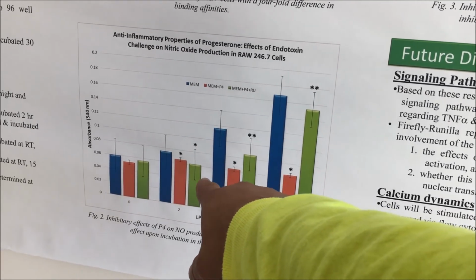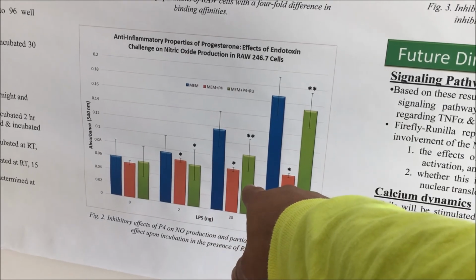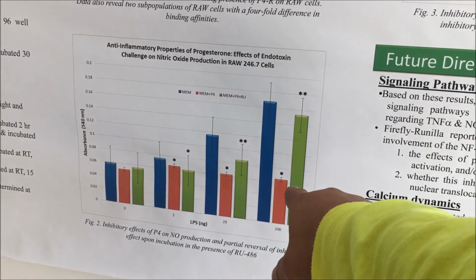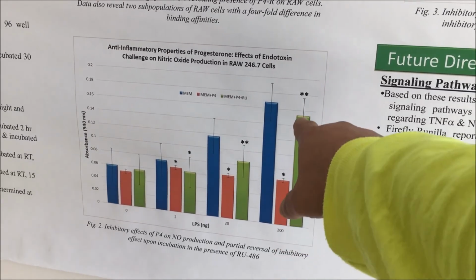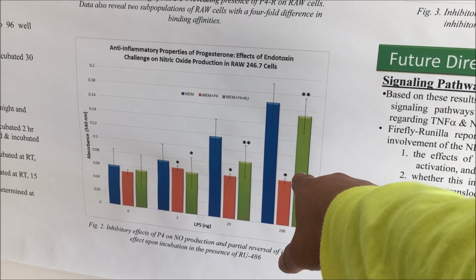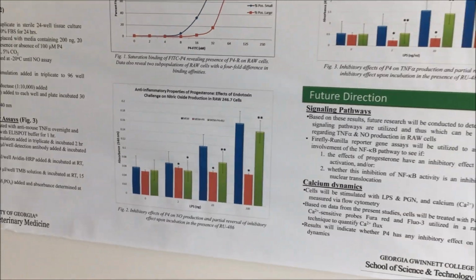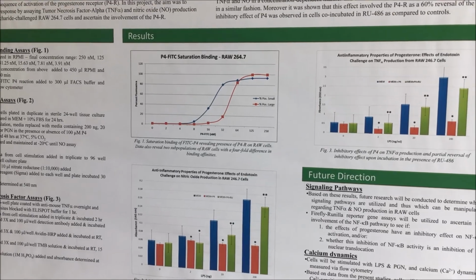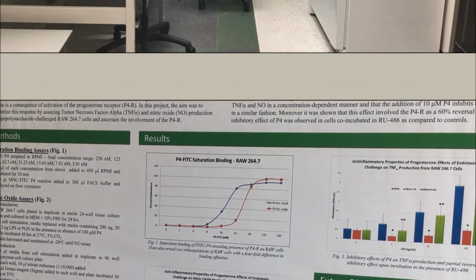And then the green line is when I also incubated in something that blocks the progesterone receptor, showing there's a reversal of this inhibitory effect, so this shows that the action I'm getting is actually through the progesterone receptor. So I'm looking at the anti-inflammatory effects of progesterone for right now. So let's go to the lab, shall we?